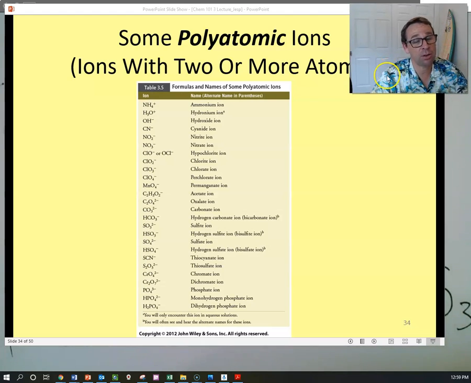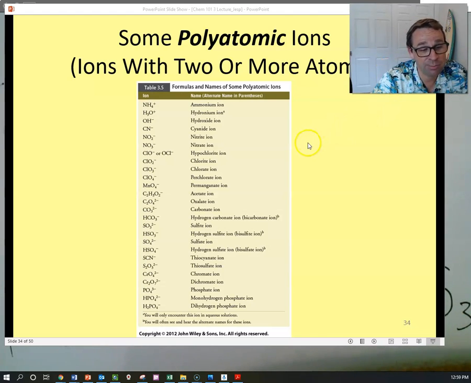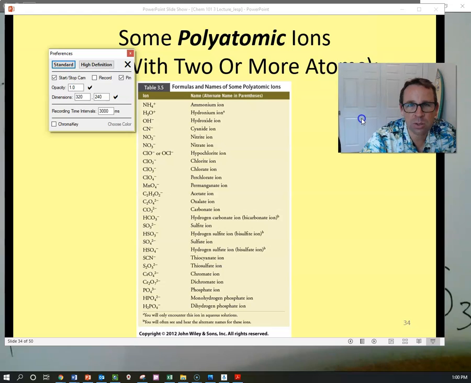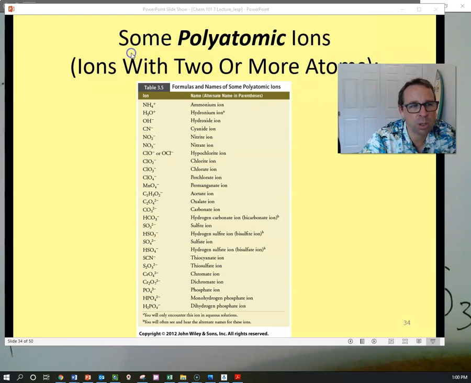There are possibly hundreds of other kinds of ions that can exist as polyatomic ions. And sometimes we'll be tested on them, not because they're trying to be mean, but because they're trying to test our understanding of how polyatomic ions work and how ionic compounds that contain polyatomic ions work.